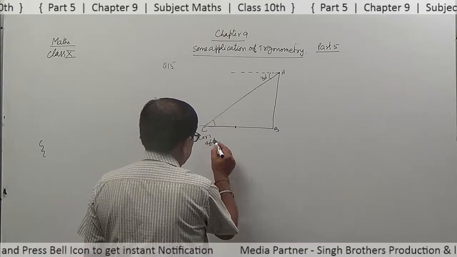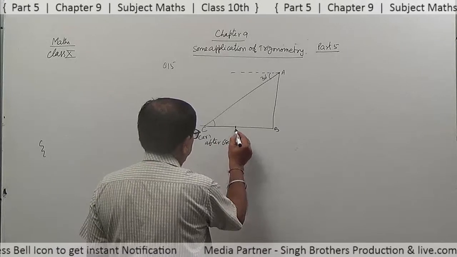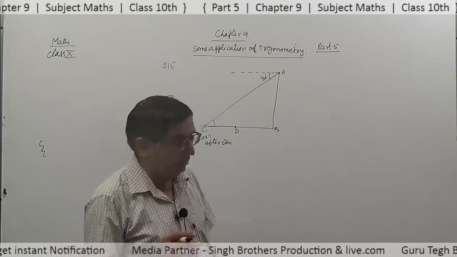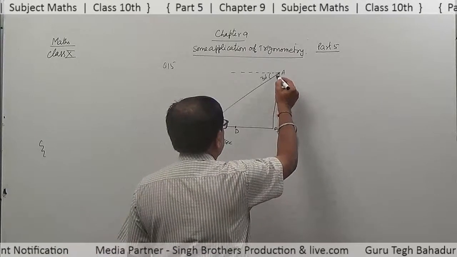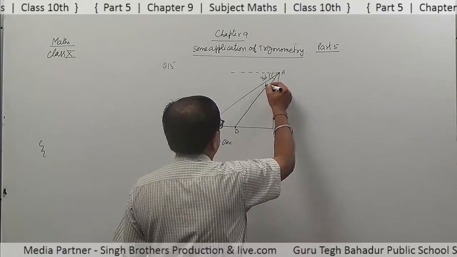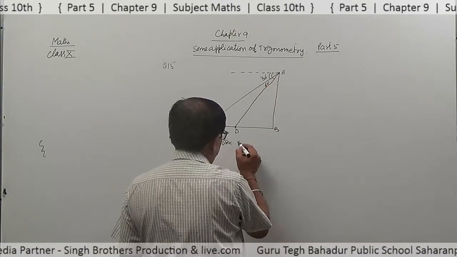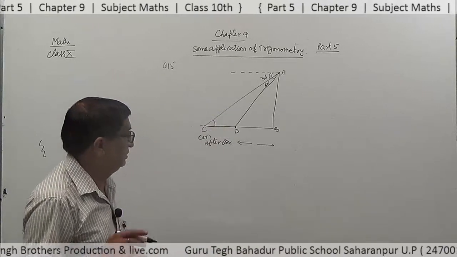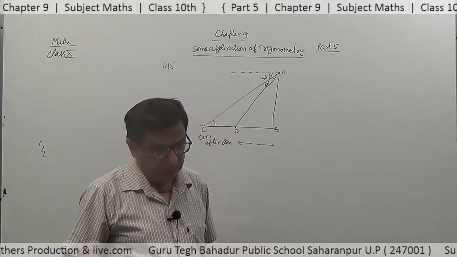After 6 seconds, its position is D and the angle of depression is 60 degrees. Find how much time it takes to reach the foot of the tower.